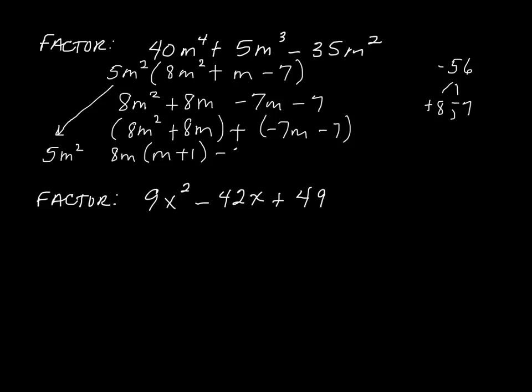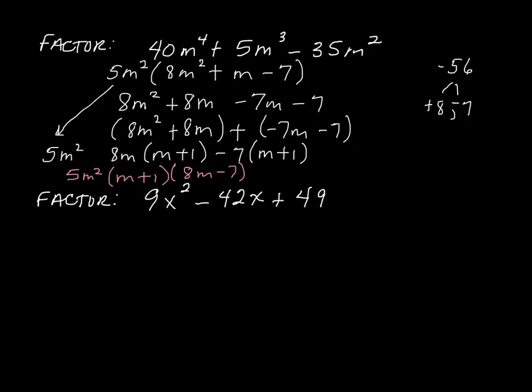Factor out a negative 7. And we get m plus 1. Okay, so then we can take that m plus 1. I'm going to write it all in pink now. I'm going to bring my 5m squared down. I have m plus 1 times 8m minus 7. And that's our final answer.